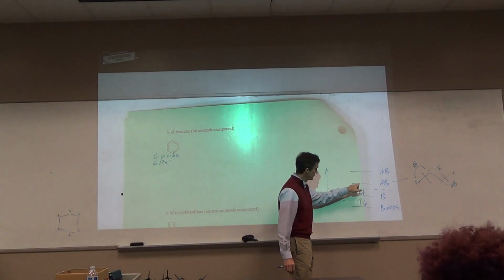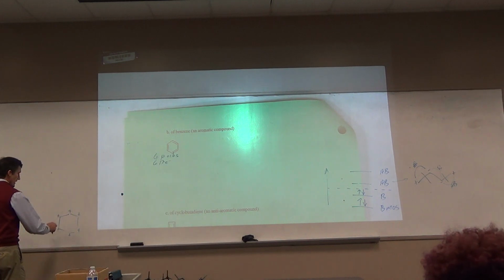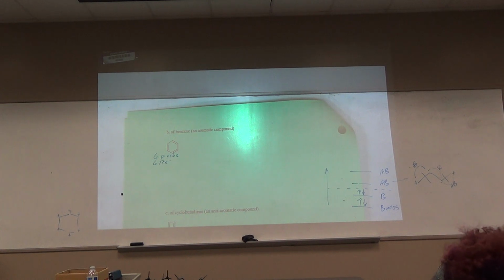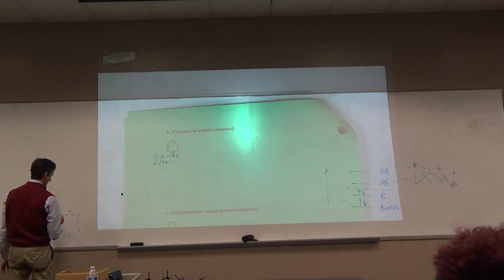Okay? There's your best MO. It's an orbital where the original 6 atomic orbitals are interacting nicely all the way around, and that generates 1 MO. This is how we're going to show it. Okay, next.